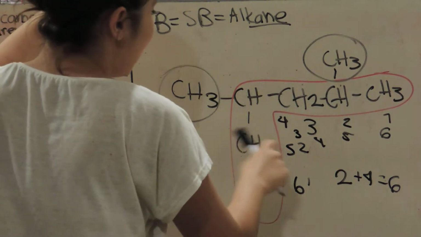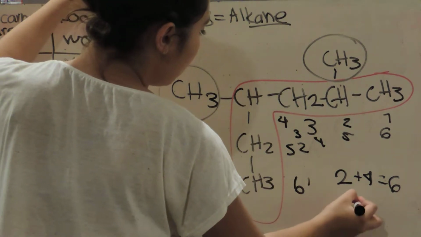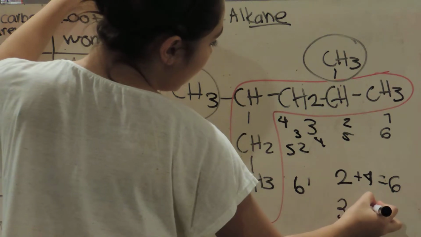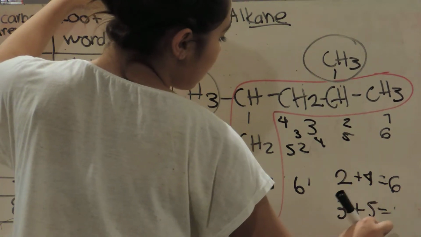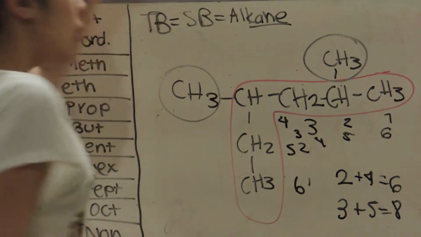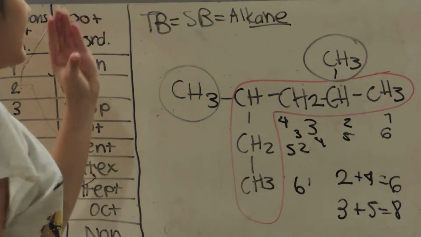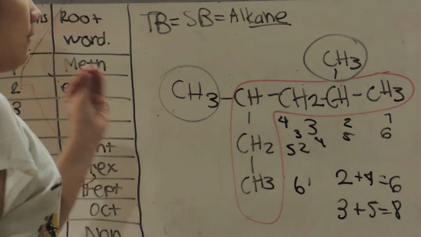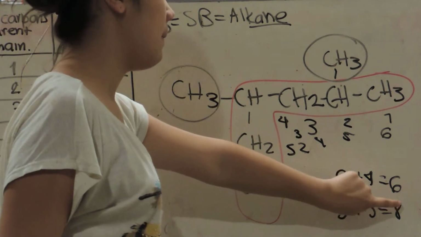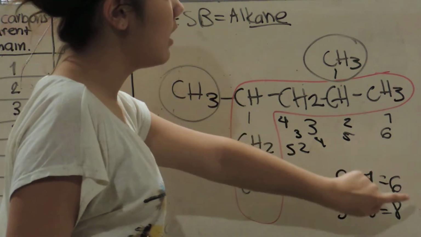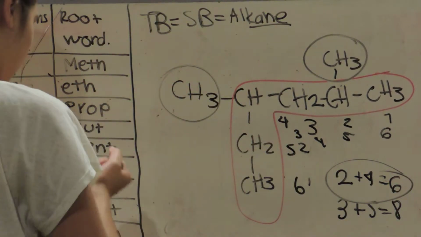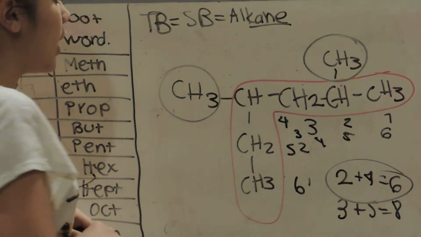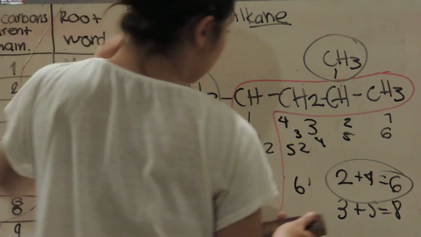We will have an alkyl group in number 3 and an alkyl group in number 5. This gives 3 plus 5, 8. We need to choose the one that is less. So, 8 is greater than 6, so we will take this one. So, we will start counting from right to left.